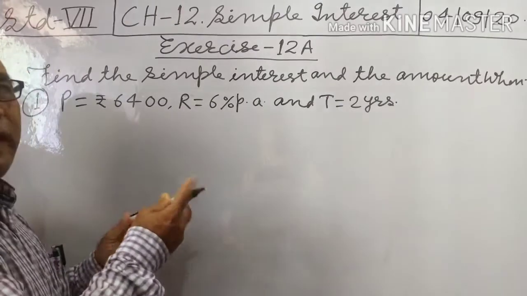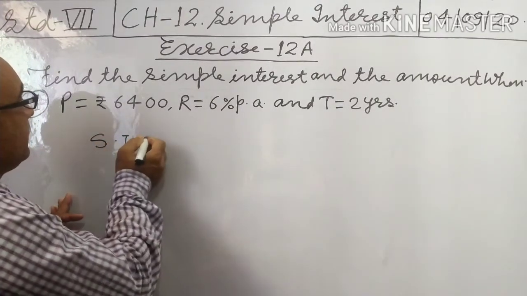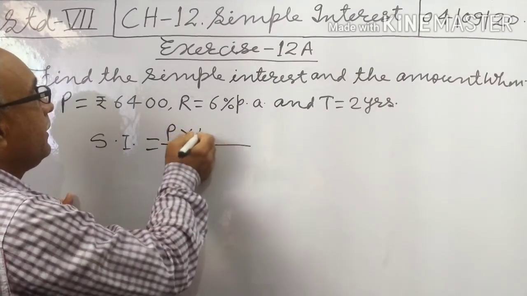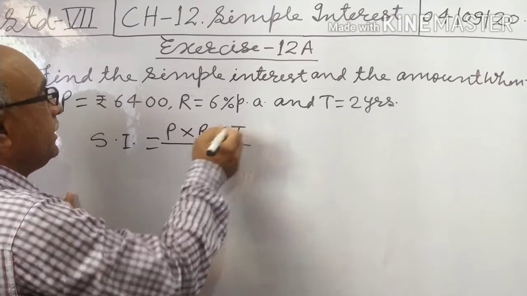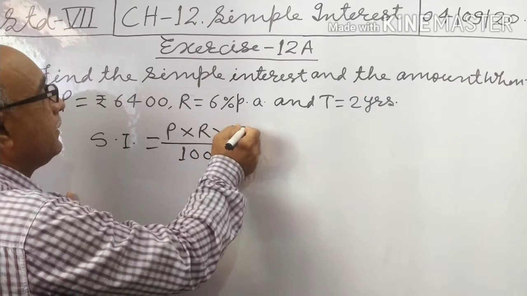So first of all, find SI. Use the formula number 1. SI equal to P into R into T by 100.